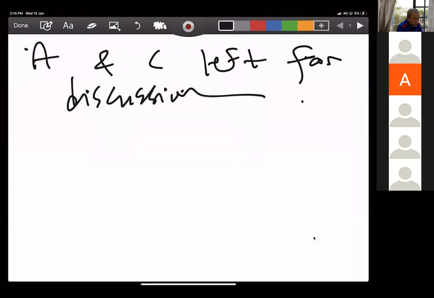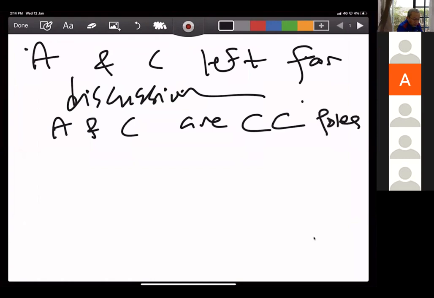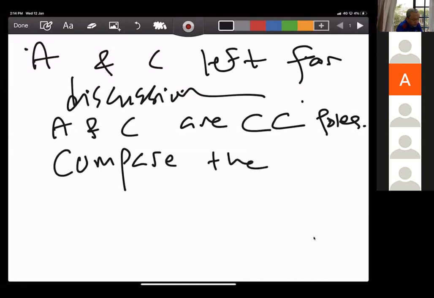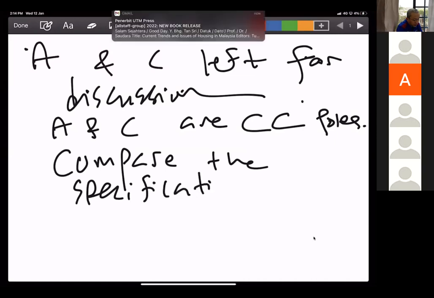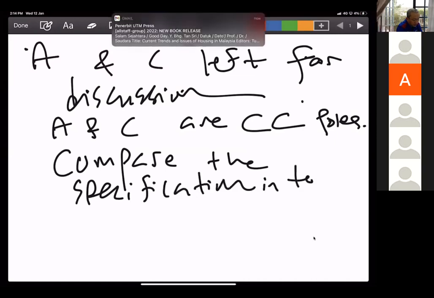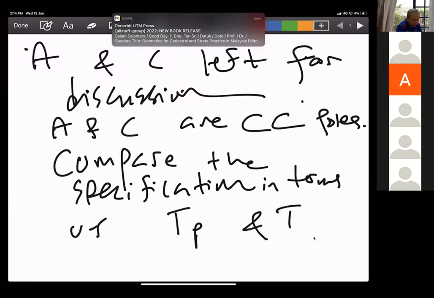A and C are complex conjugate poles. So in this case, we must compare the specifications in terms of TP and TS.